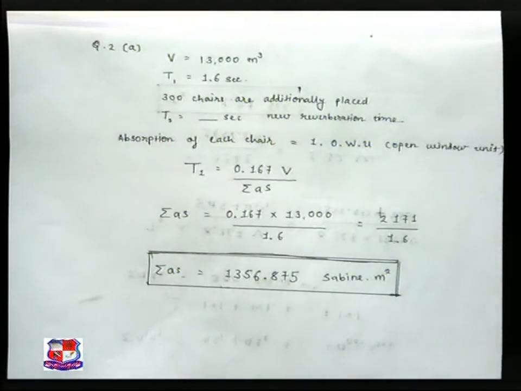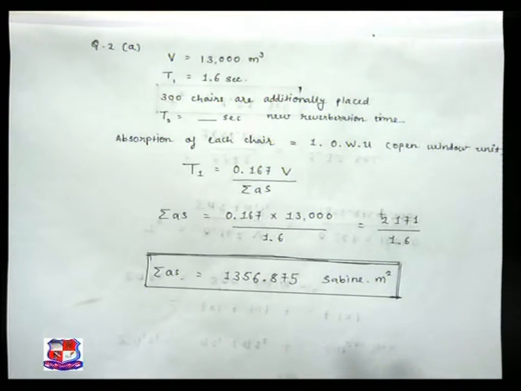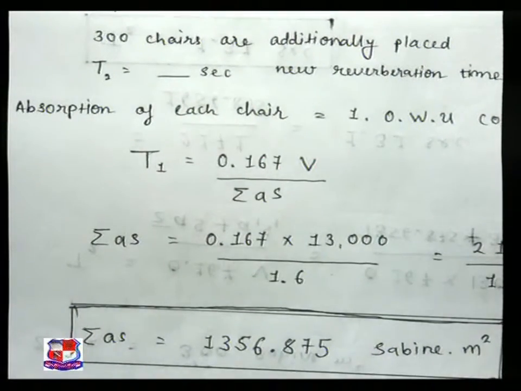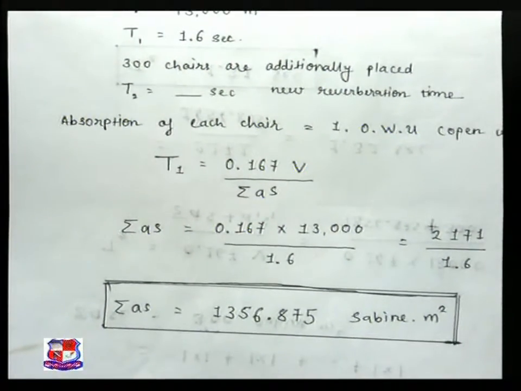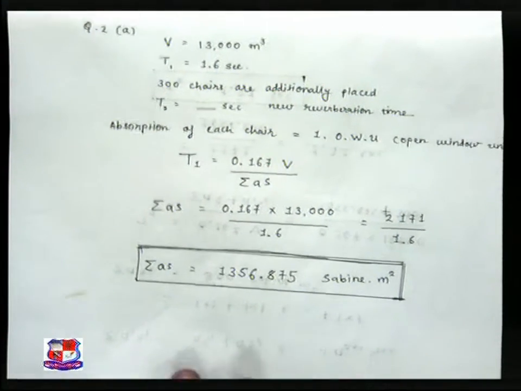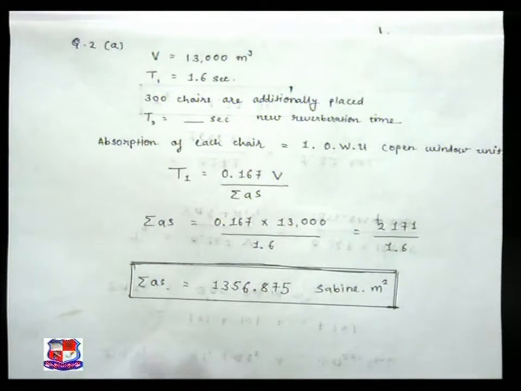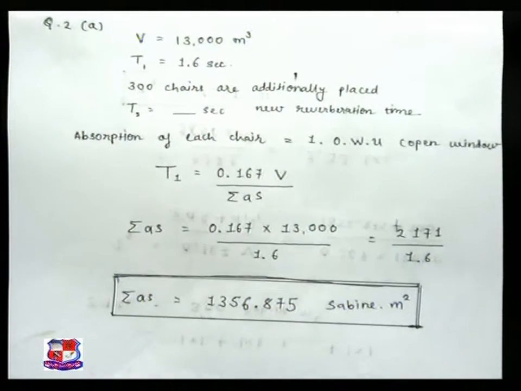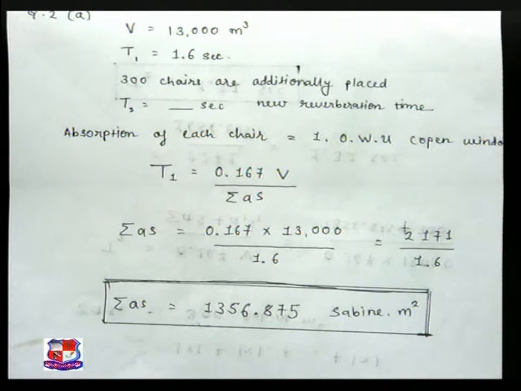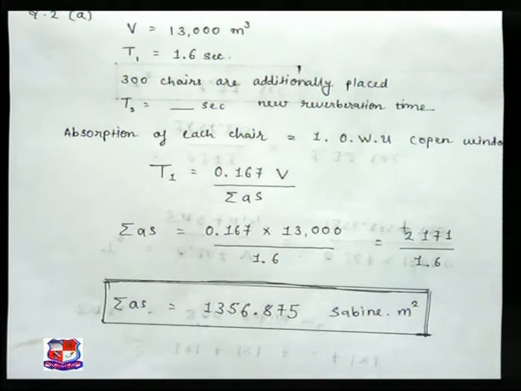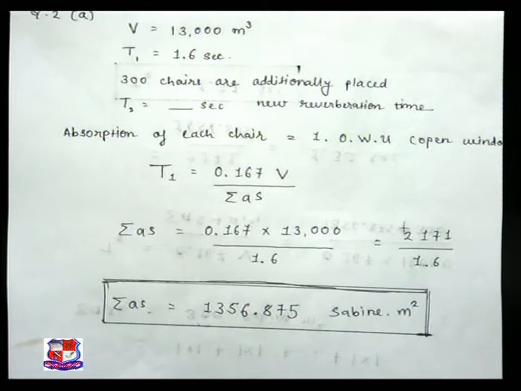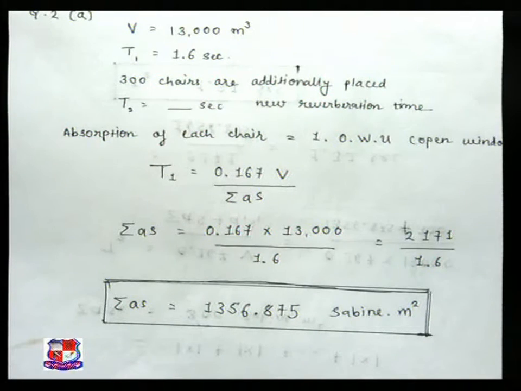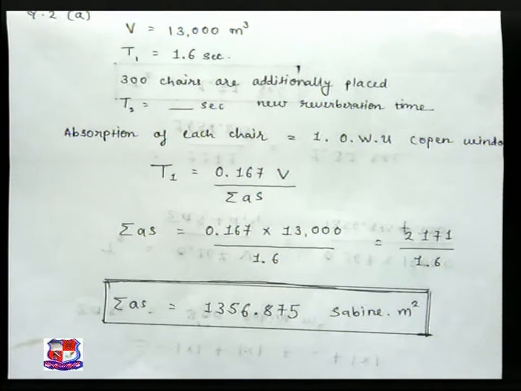Here you can see that V is the volume of the hall and T is the reverberation time. The volume of the hall is 13,000 meter cube, as well as the reverberation time is 1.6 second. 300 chairs are additionally placed.